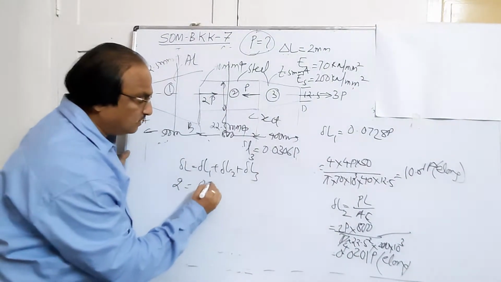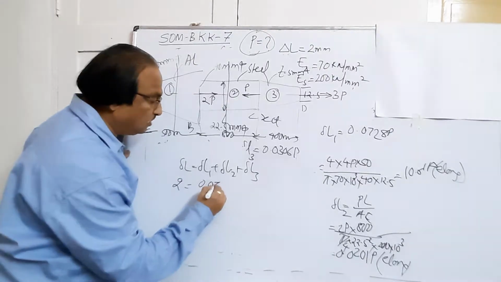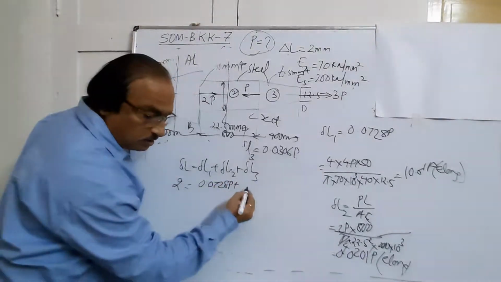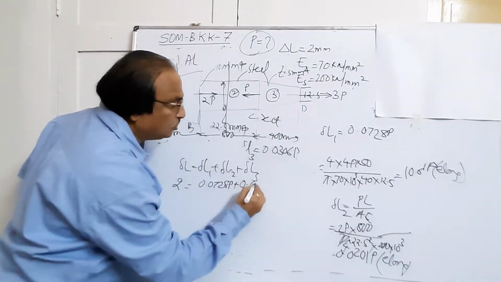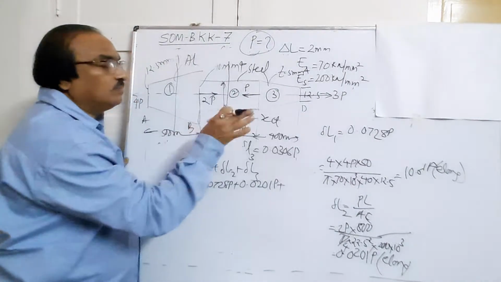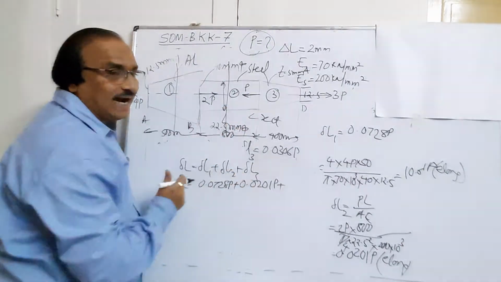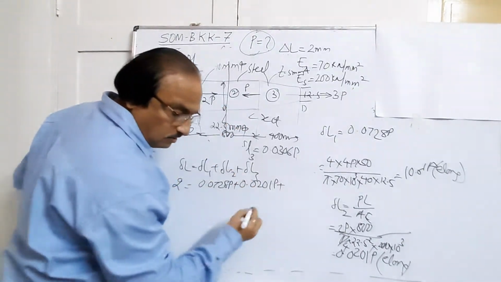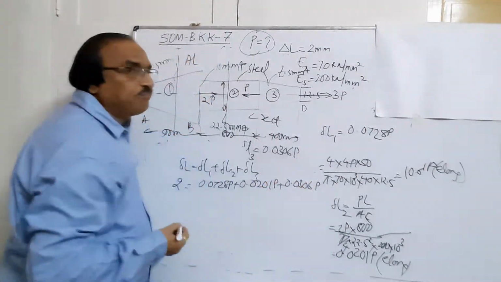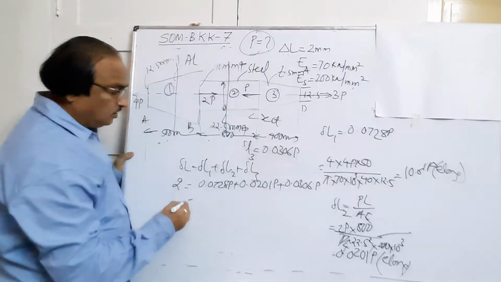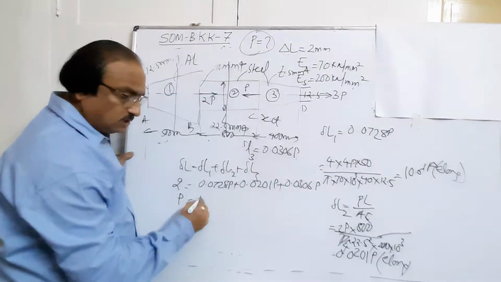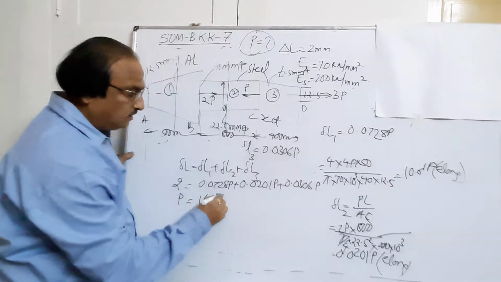So delta L1 is 0.0728 P, plus delta L2 is 0.0201 P, plus delta L3 is 0.0306 P. All the members are in tension, so I am adding them. Now the only unknown is P, so the value of P will be equal to 16.19 kilonewton.